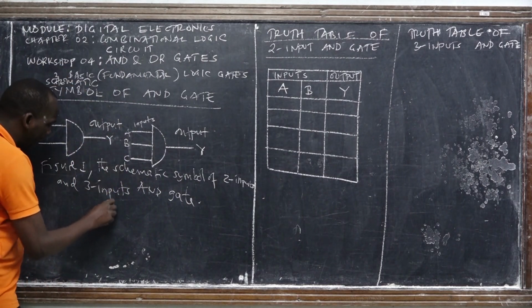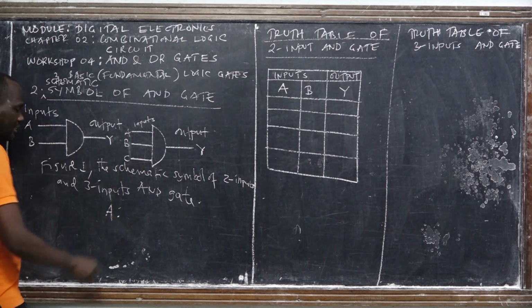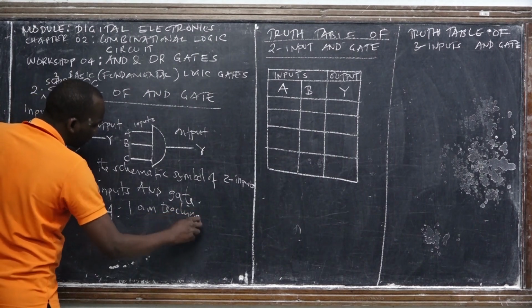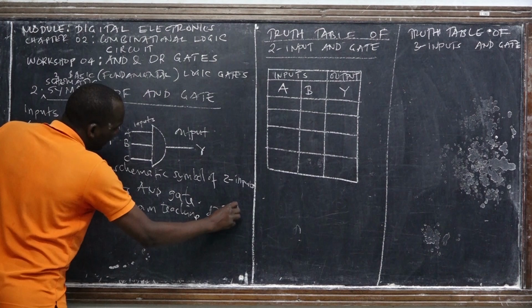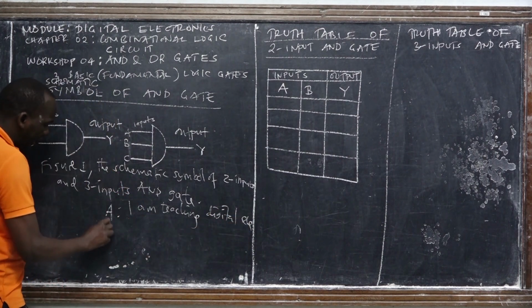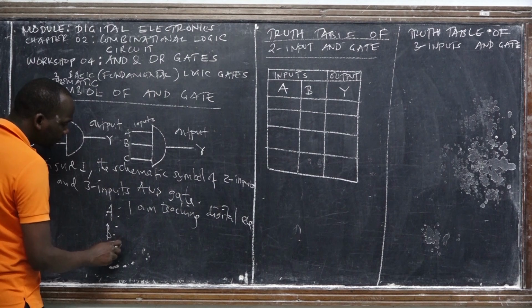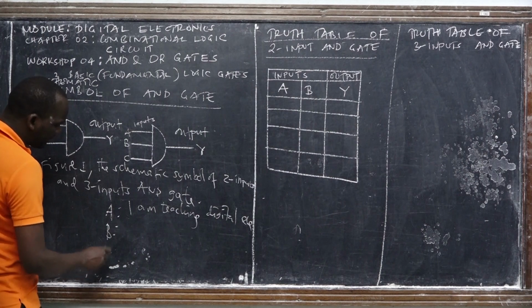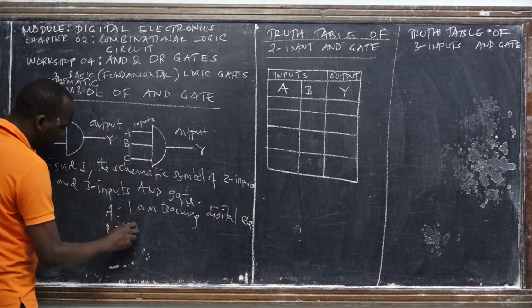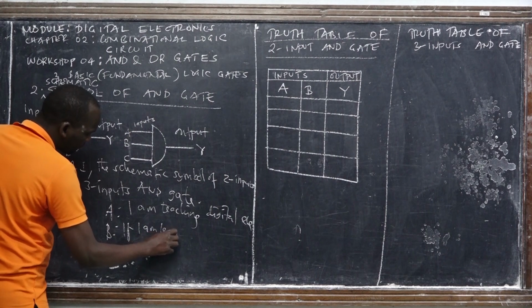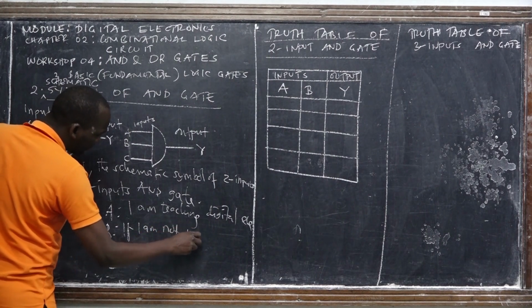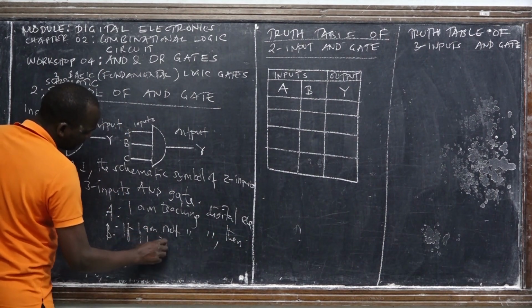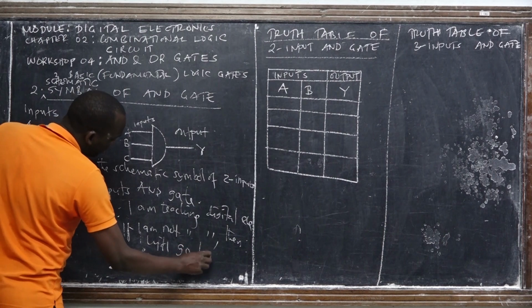So what concept do we use to deduce this? Suppose that A is the statement that I am teaching digital electronics. Then B is another statement: if I am not teaching digital electronics, then I'll go home.